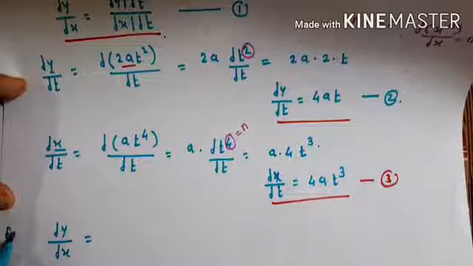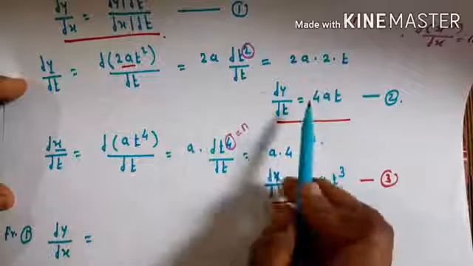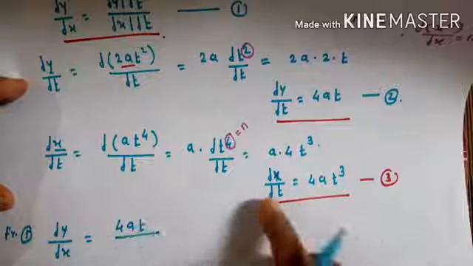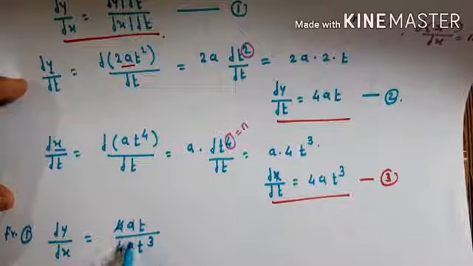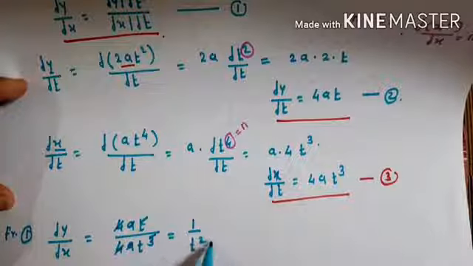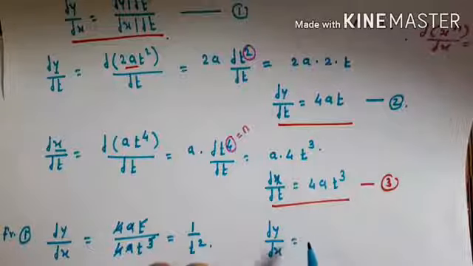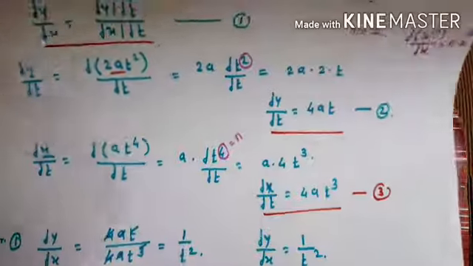From 1, dy by dx equals dy by dt, which is 4at, upon dx by dt, which is 4at raised to 3. 4a gets cancelled, t also gets cancelled. t upon t cube is 1 upon t square, and hence dy by dx equals 1 upon t square. This is your answer. In this way we have to solve the problem of parametric functions.